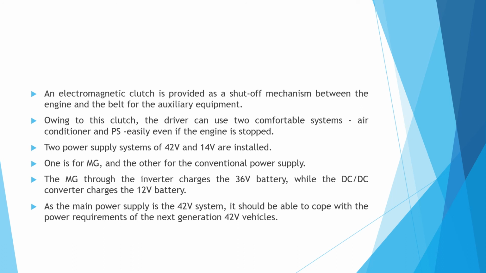Two power supply systems of 42 volt and 14 volt are installed. One is for the motor or generator and another for the conventional power supply. The inverter charges the 36 volt battery, while the DC to DC converter charges the 12 volt battery.